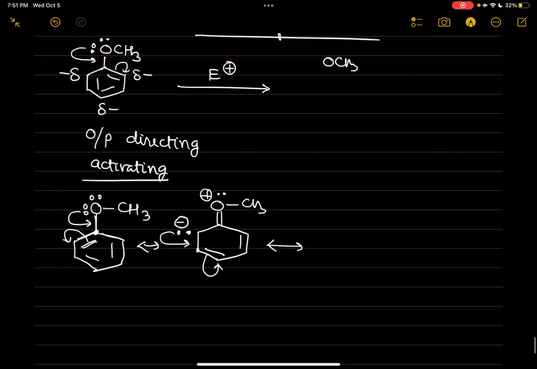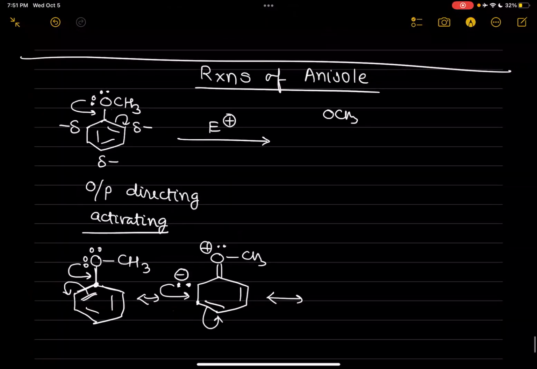So you can just draw this structure. You need to have it a little bit in your mind. No need to write the actual structures, but this is going to guide you throughout your reactions. As you can see over here, the ortho-para positions are electron rich. They have more electron density.